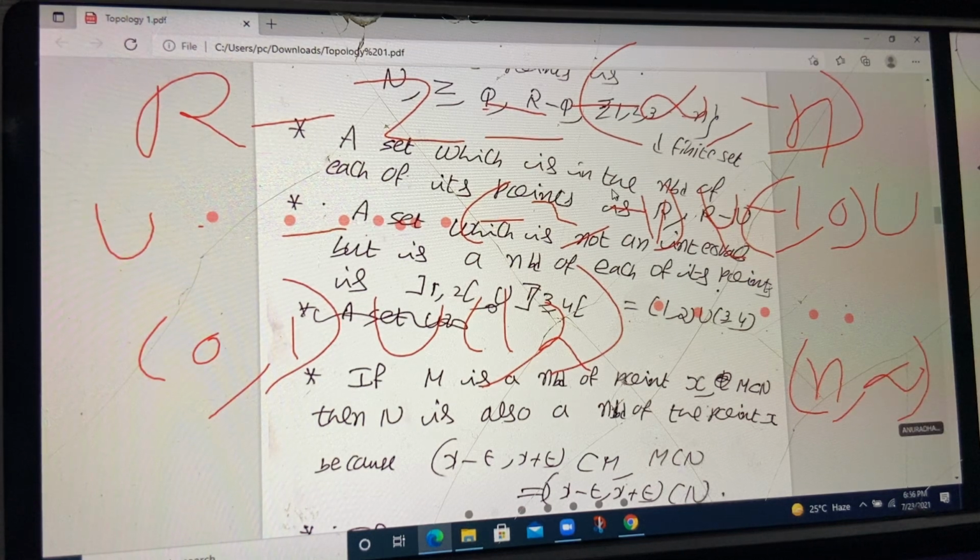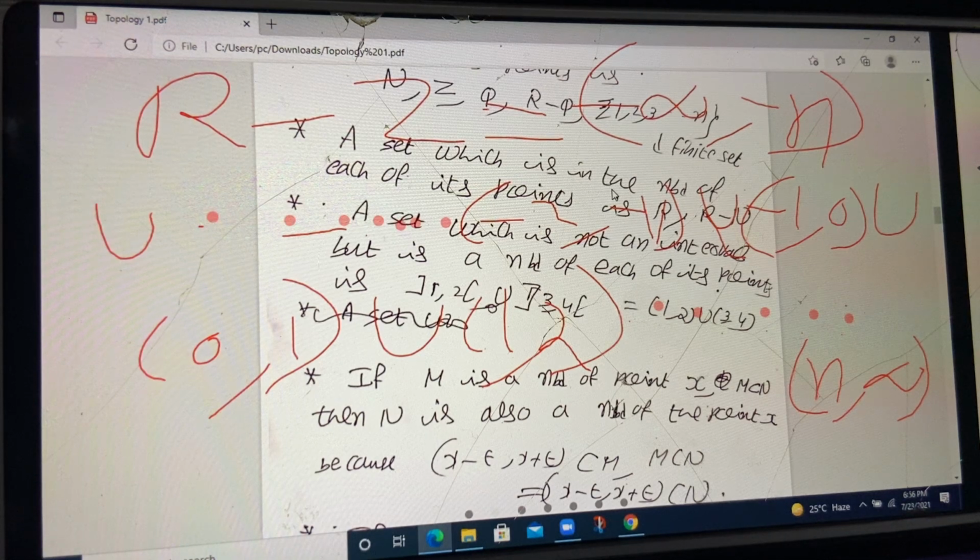Earlier we did not consider negatives because in the natural number system negatives are not there. But in integers they are, so we need to include that part also. Earlier we had taken only the part from 1 onwards, since 0 and minus 1 are not natural numbers. But here we need to write the negative part also. This is R minus Z.